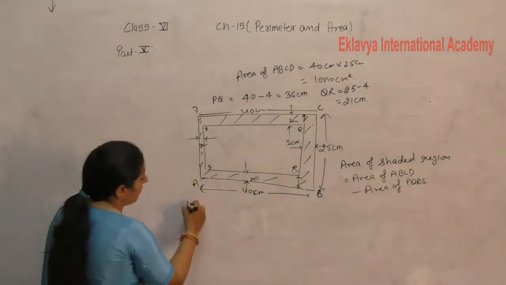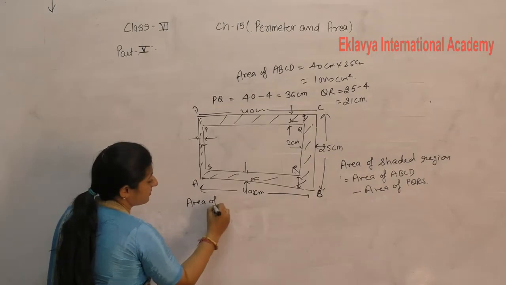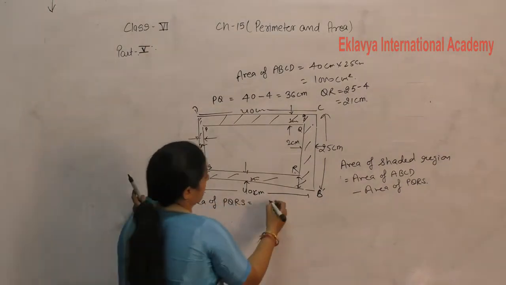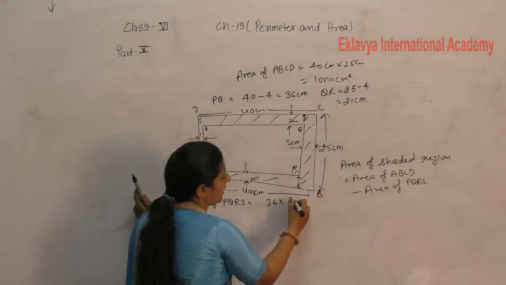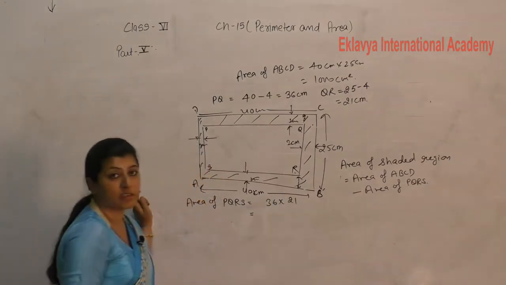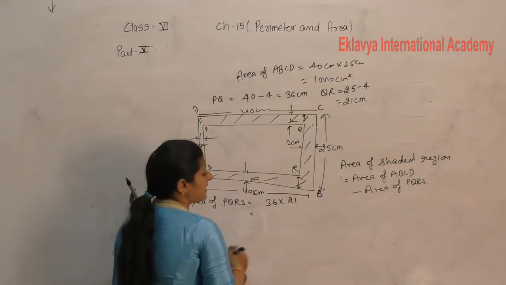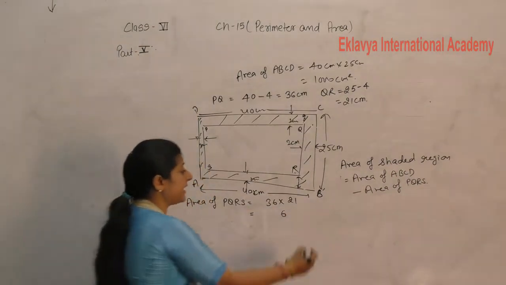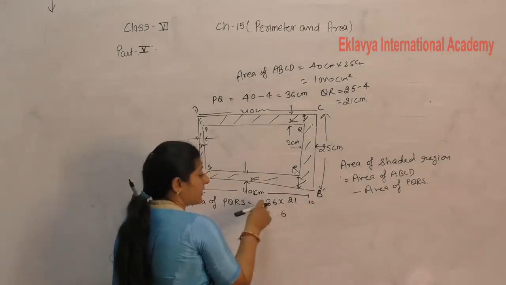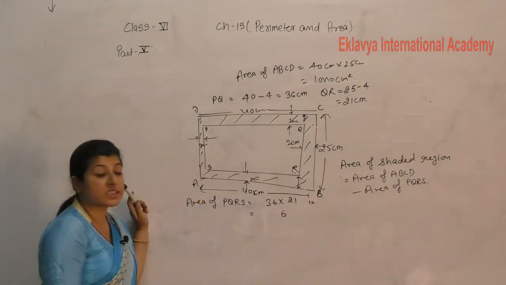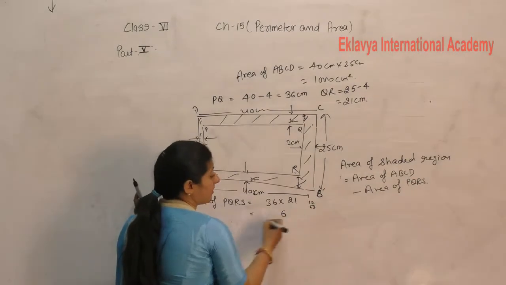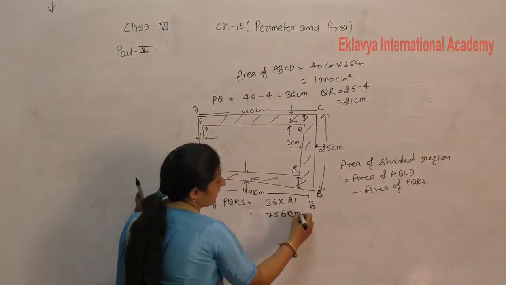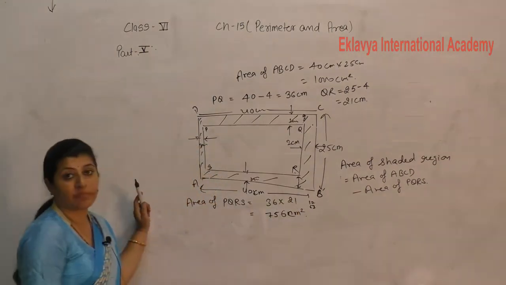Then area of PQRS is equal to 36 multiplied by 21, that is 756 centimeter square.